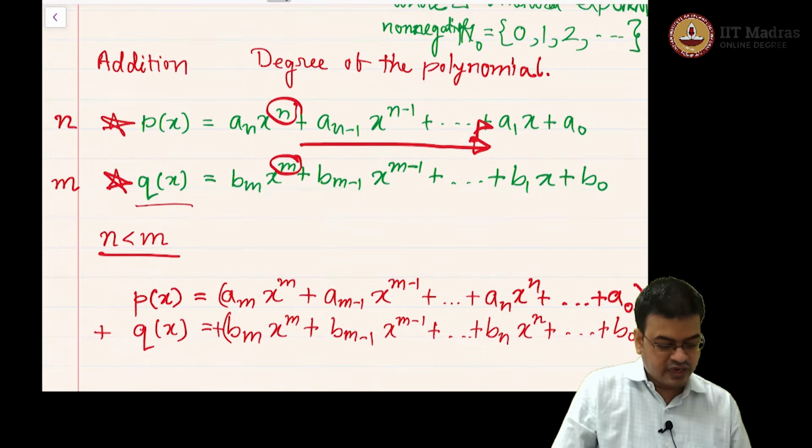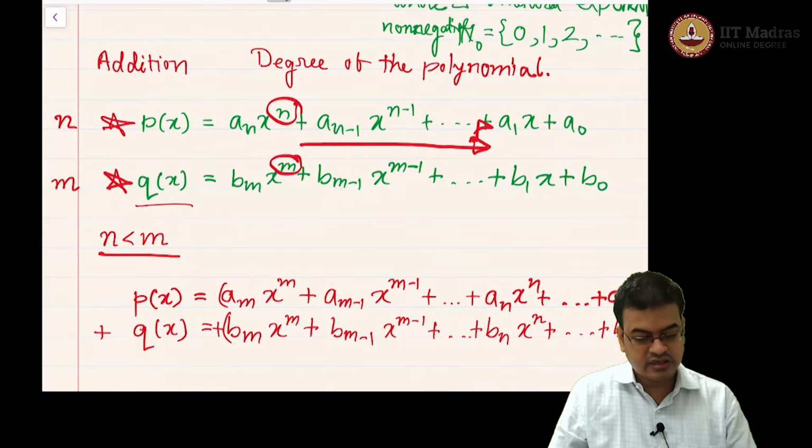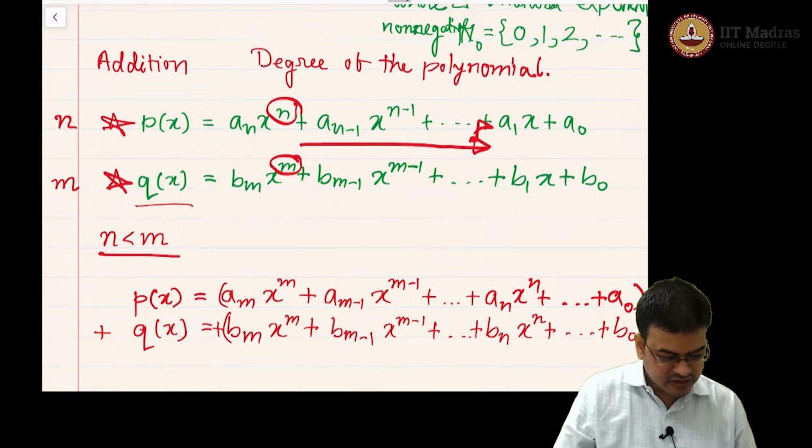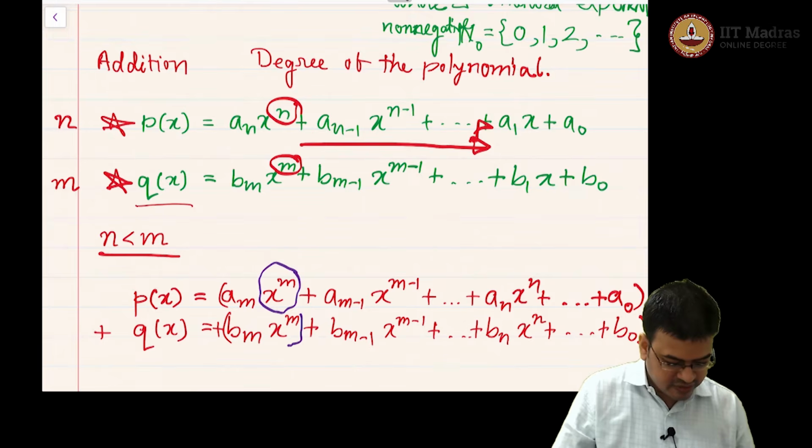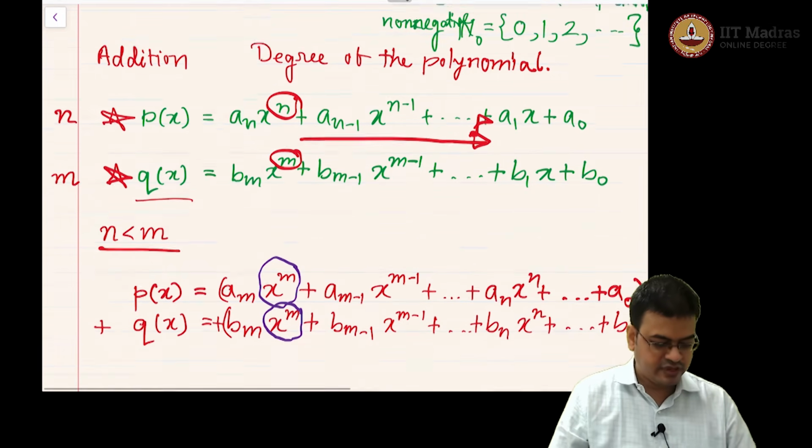Now you have to give weightage to the terms associated with each power. That means the coefficient of x^m should be added to the coefficient of x^m.